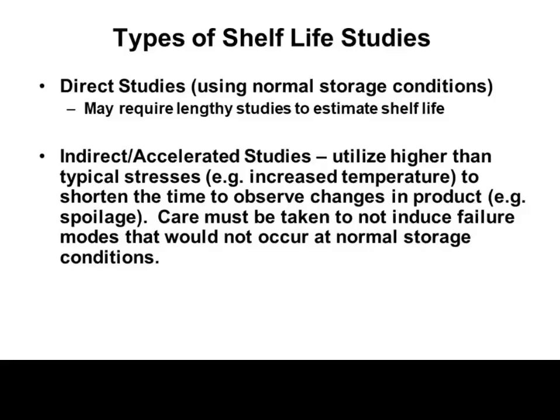And then you could predict what the equivalent times are at the normal use condition. One issue to watch out for when you're doing accelerated studies is to take care not to induce failure modes or mechanisms that you wouldn't normally see at normal storage conditions.